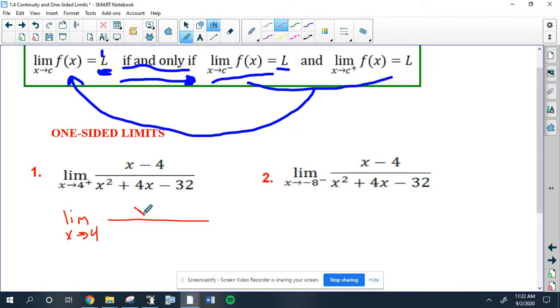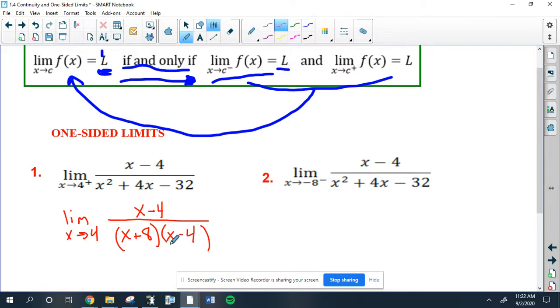So I'm going to factor as we go. Because it does factor, x plus 8, x minus 4. You can see I probably should have said this before, but if you do plug 4 into this limit, you're going to get 0 over 0, which means it is going to exist. You're going to have to factor it. So I went ahead and did that.